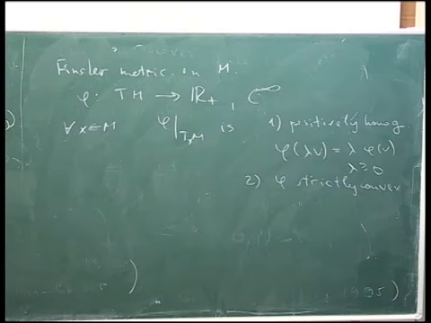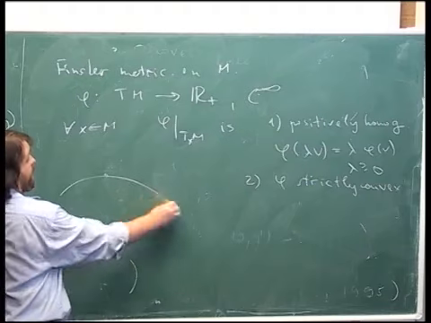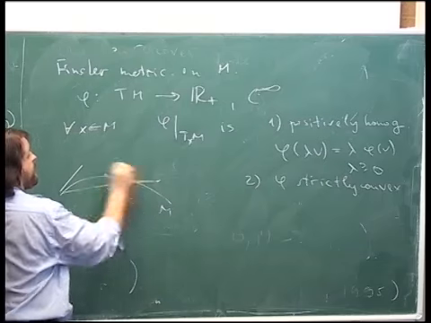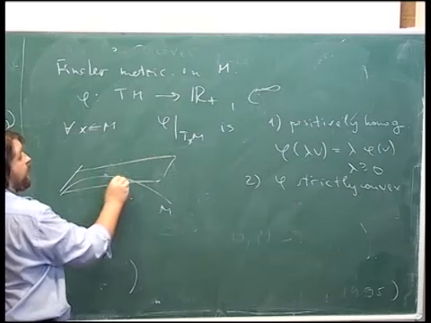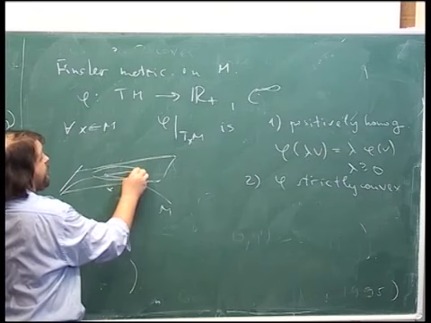And I prefer to think about it as a norm. So if you have a manifold M and a point x, in the tangent space you have a norm, which may be non-symmetric, but I still call it a norm, which defines the length of a tangent vector.